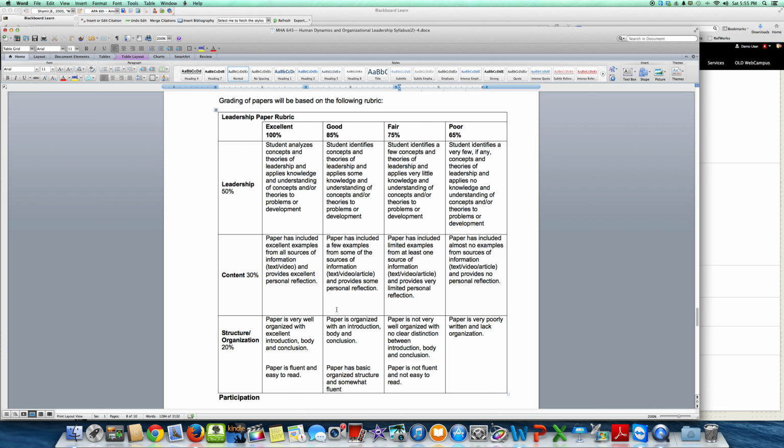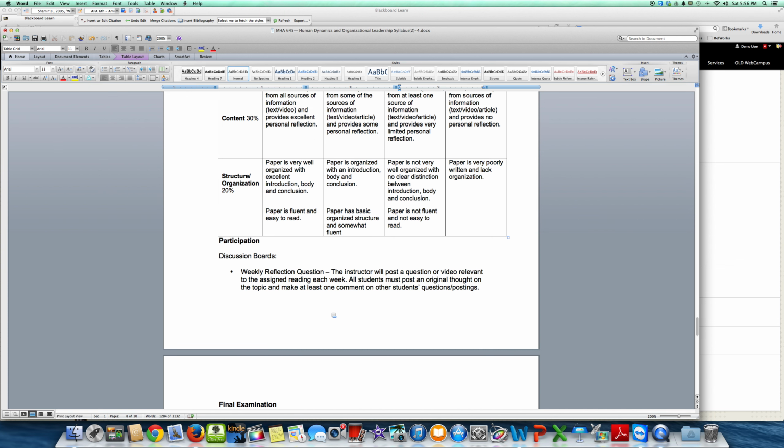So I'm going to have some pretty high expectations when it comes to analyzing the course concepts and applying them to either problems or your own development. I'm really going to be interested in your analytical ability relative to how what we're studying is going to make you stronger, and hopefully even make your organization stronger. So make sure you read through that.